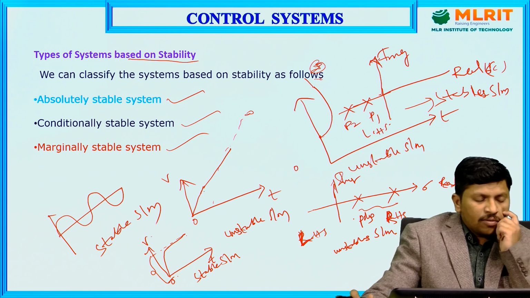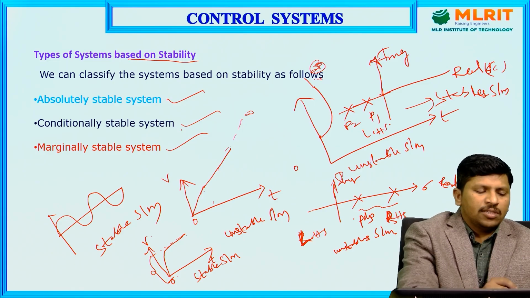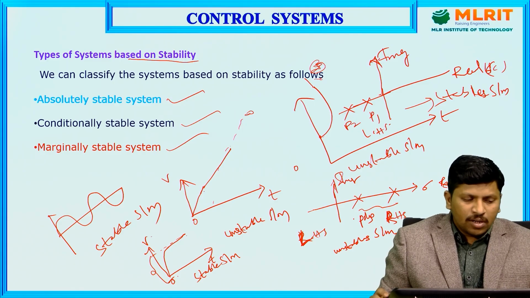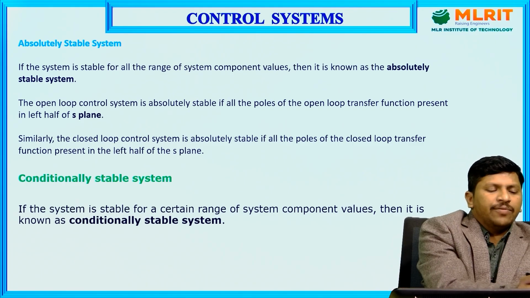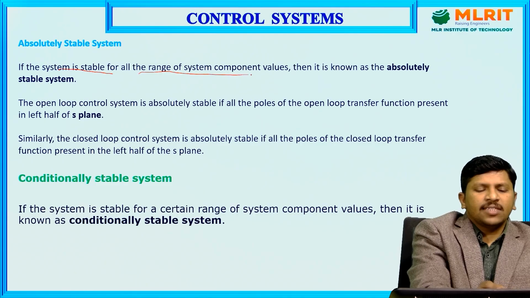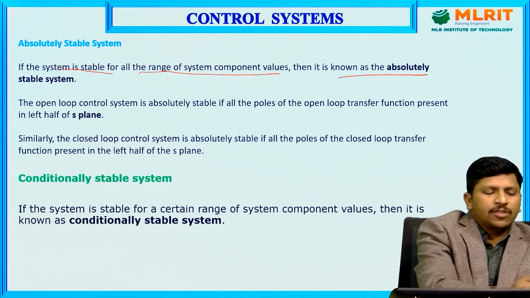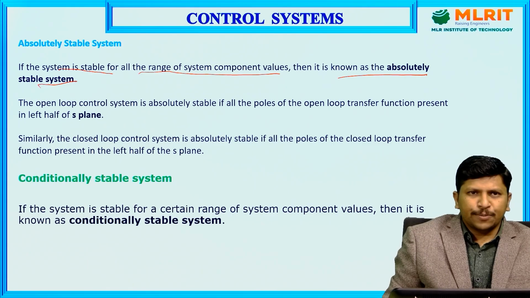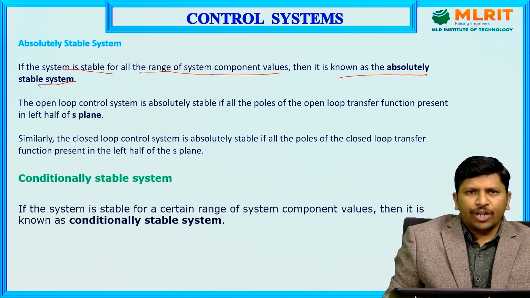Now observe absolutely stable systems, conditionally stable systems and marginally stable systems. The first one is the absolutely stable system. If the system is stable for all the range of the system component values, then it is known as an absolutely stable system.